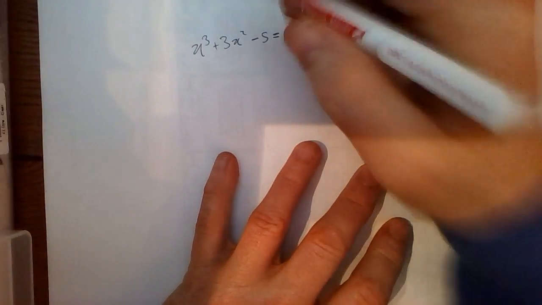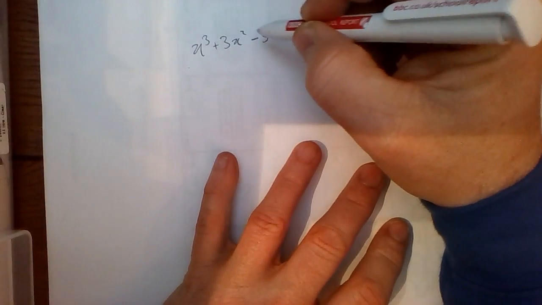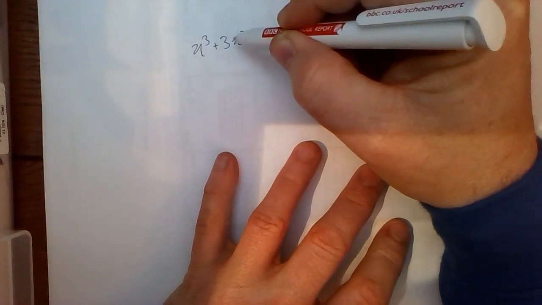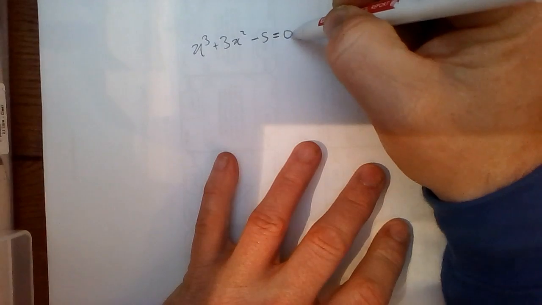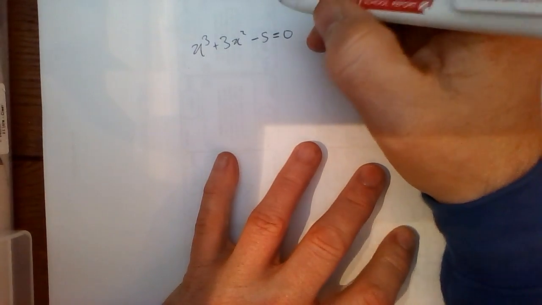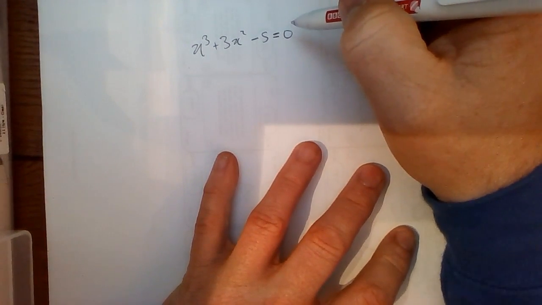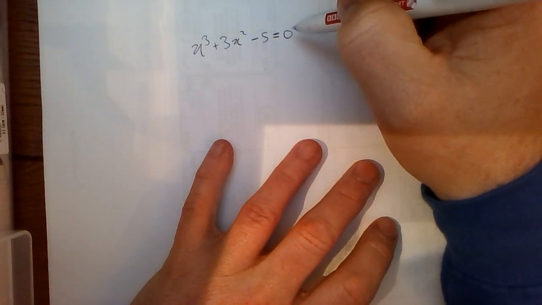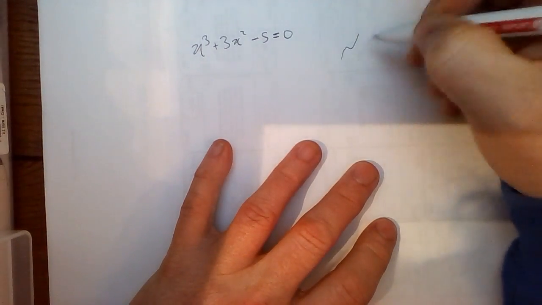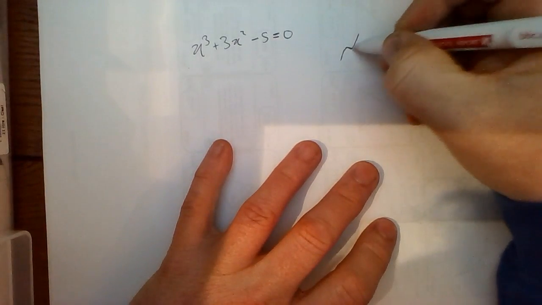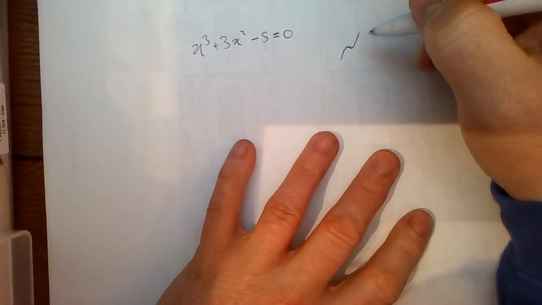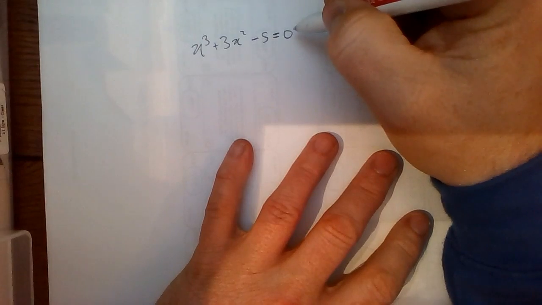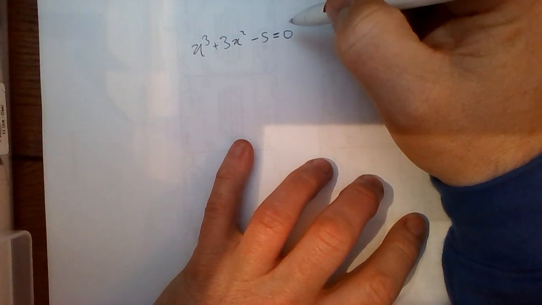Bear in mind that you want your value of x, when you substitute for x, to give 0. So if you can find a value of x that will give a positive, and you can find a value of x that will produce a negative, then you can reason, as long as the graph can be drawn without taking your pen off the page, or in other words, if the graph is continuous, that there must be a solution in between.